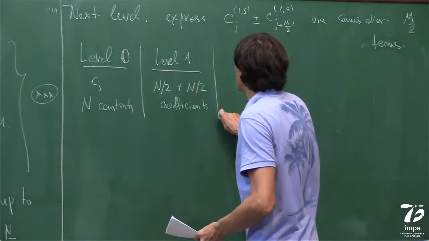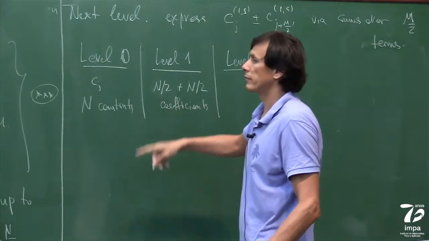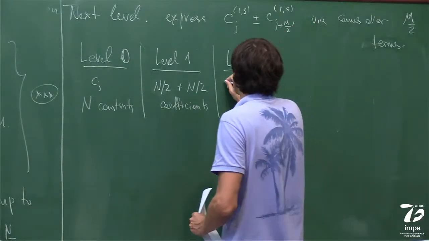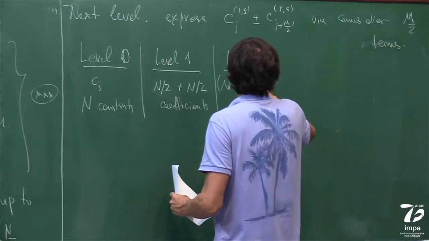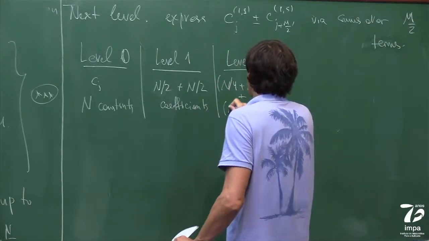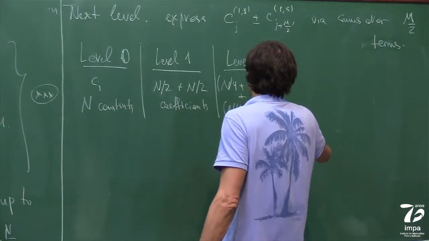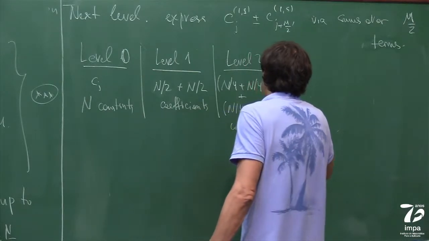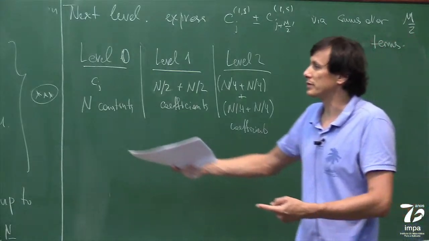We go to the next level. We split each sum again into two sums which are twice smaller again. So it will be n over 4 plus... we split the first into 2 parts, and the second also into 2 parts. So now it's 4 groups of coefficients, and each group is given by the same structure of the sum.